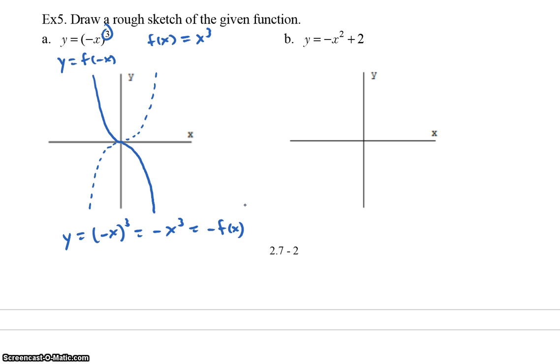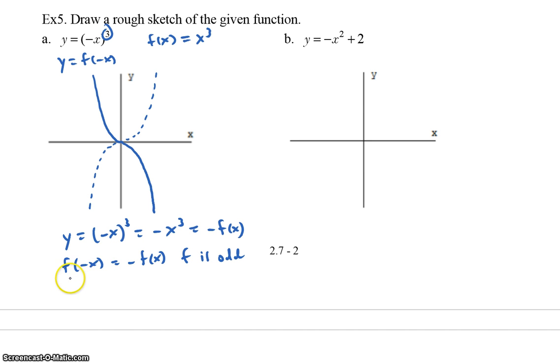So y equals f of minus x in this case is the same as y equals minus f of x. f of minus x equals minus f of x for all x. That is, f is an odd function. When you have an odd function, you can't distinguish a y-axis reflection from an x-axis reflection.